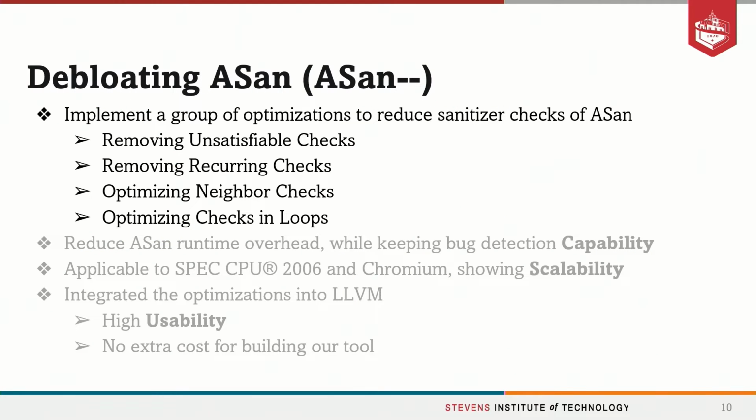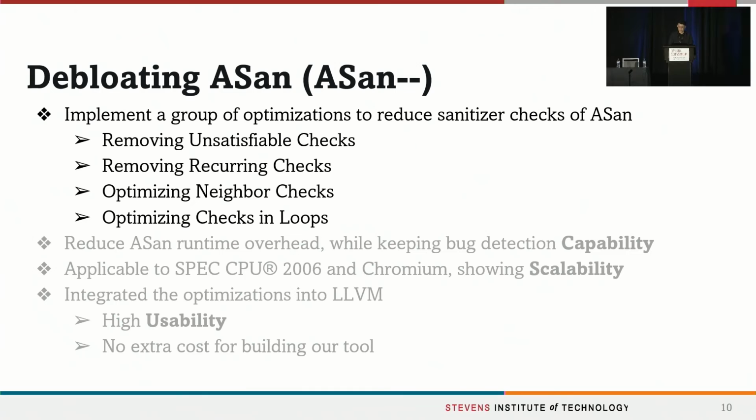Next, I'm going to present our tool, Debloating address sanitizer, or as we call it, ASan--. We implement a group of optimization strategies to reduce the sanitizer checks of ASan. First, we remove the unsatisfiable checks. Second, we remove the recurring checks. Then we optimize the neighbor checks. And finally, we optimize the checks in loops.